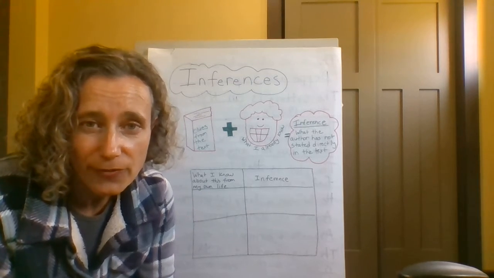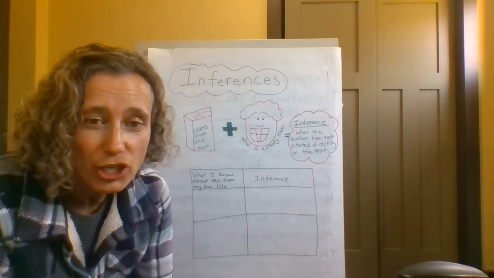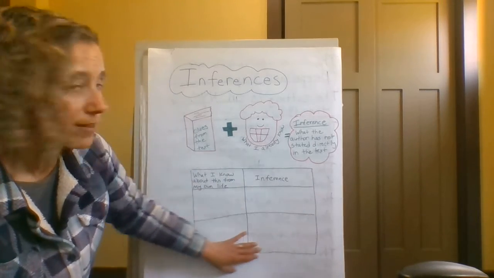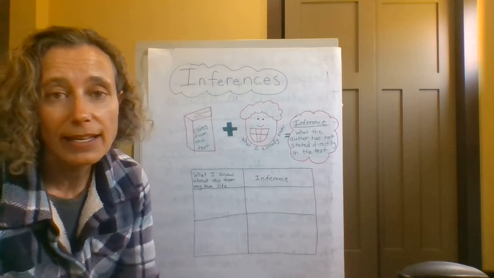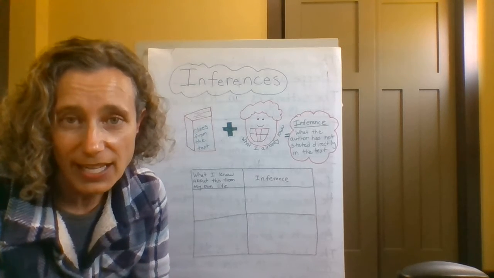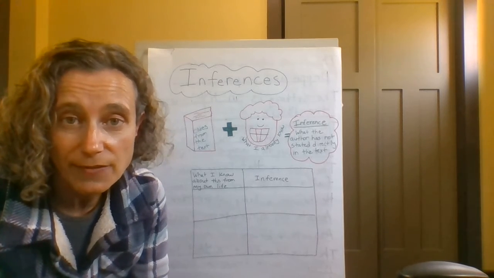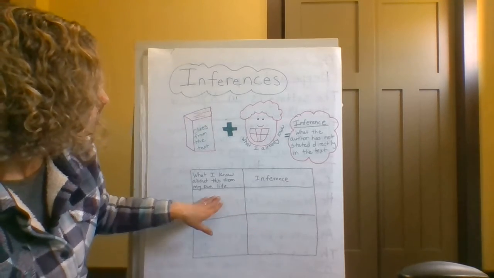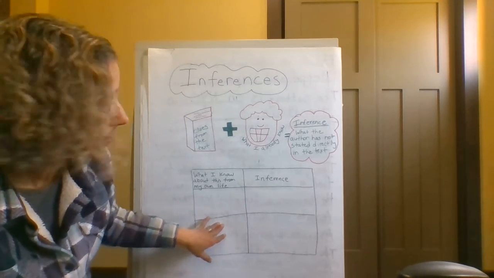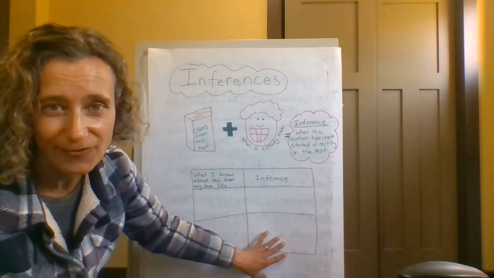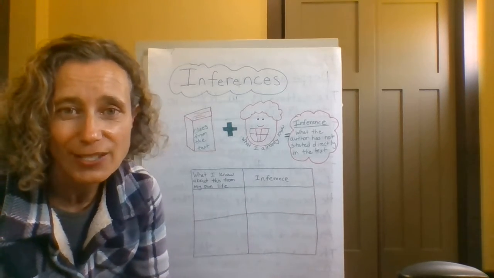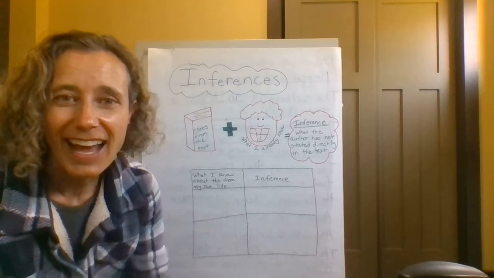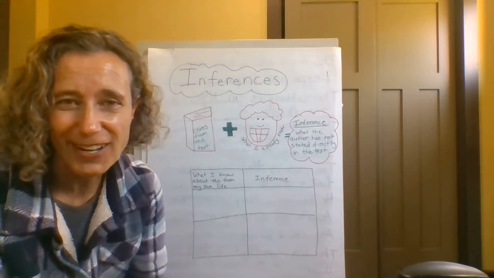And in that reading folder, you're going to see a chart that looks like this. You're going to find a line of text, or a couple lines of text that you can make inferences from. You'll tell me what you know about the text from your own life, and then you'll make the inference. So that is due this Friday. Have fun making inferences, fourth graders.